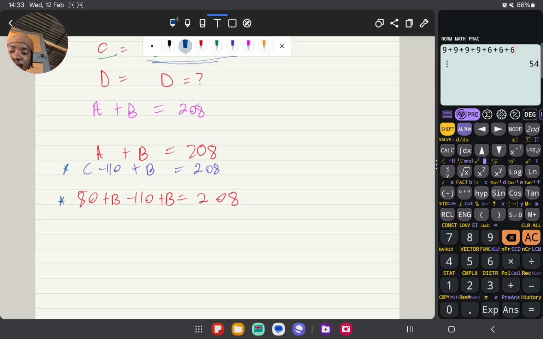Cool. Let's do the maths. So I have 2B, and then I can say 80 minus 110, which is minus 30, giving me 208.